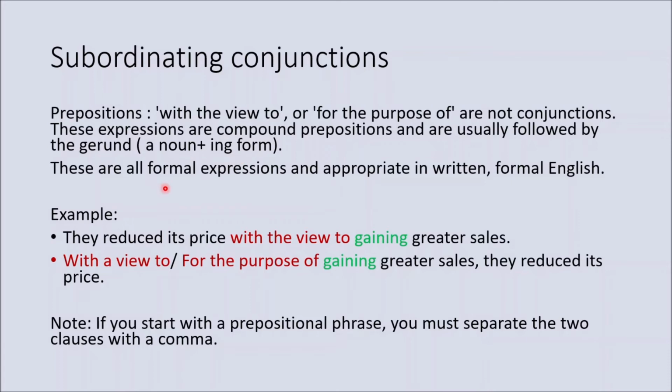These are all formal expressions and appropriate in written and formal English. They reduced its price with a view to gaining greater sales. You see, we have with a view to plus a noun plus an ing. With a view to gaining greater sales or for the purpose of gaining greater sales, they reduced its price.